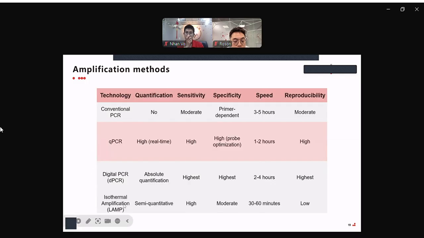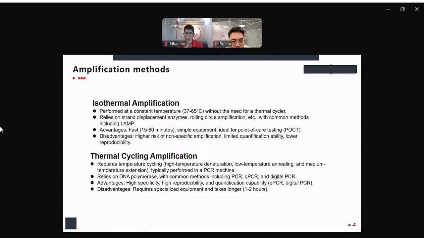And for the LAMP method, we can distinguish it as isothermal amplification. This kind of method is performed at a constant temperature, which means the temperature will be fixed. If we're going to use 65 degrees, it will stay consistent at 65 degrees, with no need for the thermal cycler.